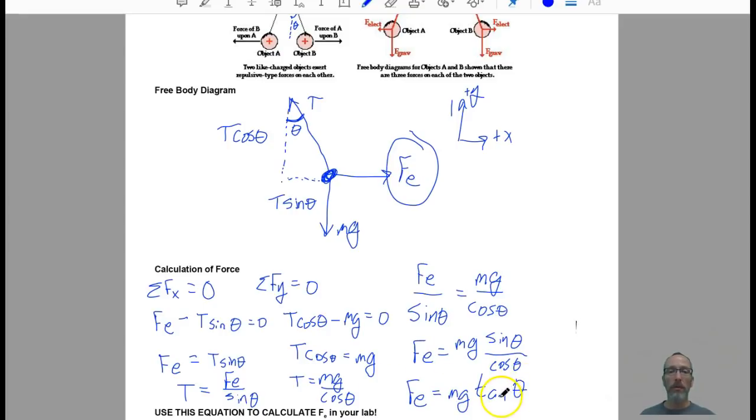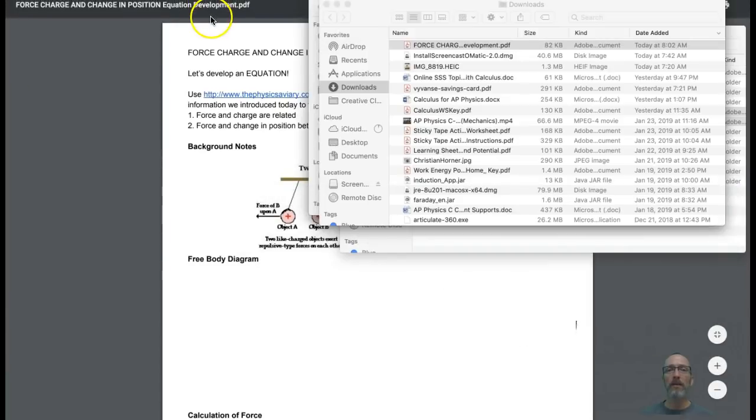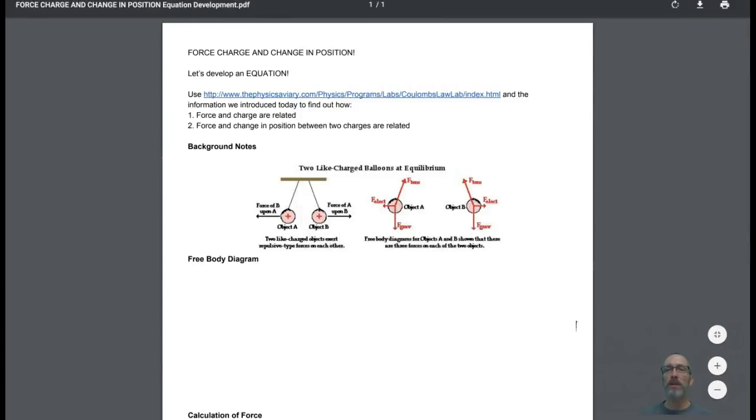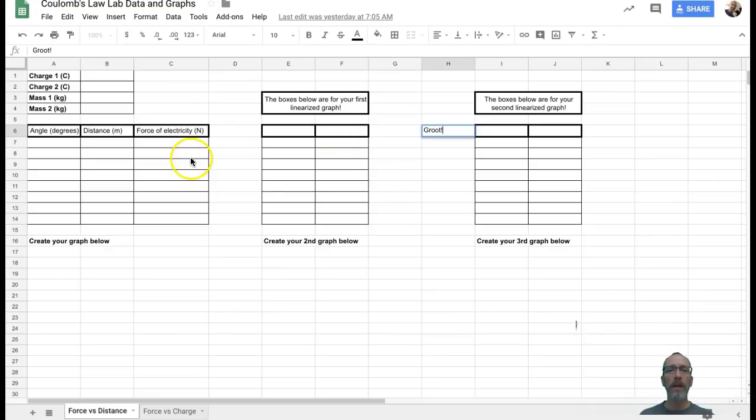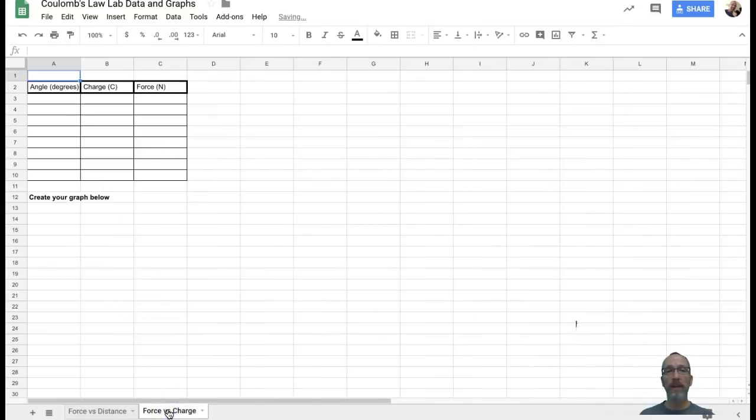Why is this important? Well, it's important because this is how you calculate the force of electricity in your lab. Let's go ahead and go back to the spreadsheet for the lab, and you'll notice that in the spreadsheet it says that you need to have the force of electricity on both of these tabs.